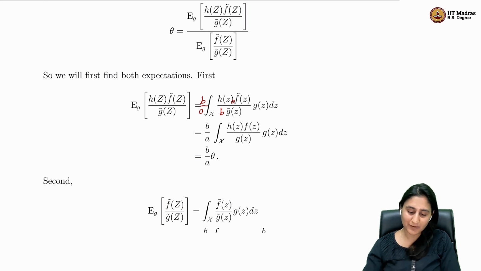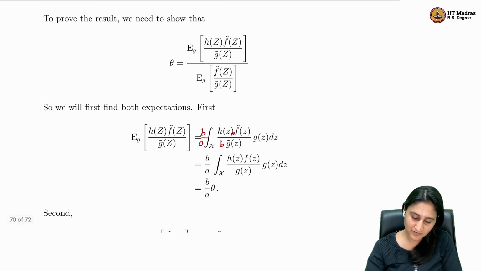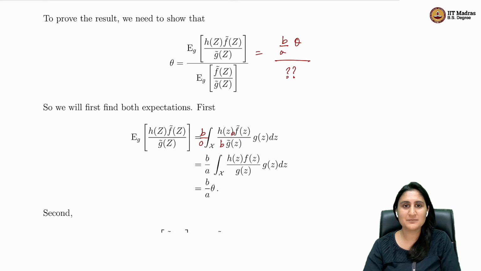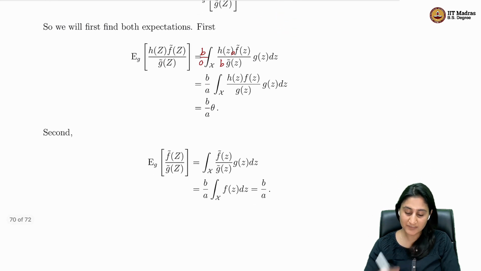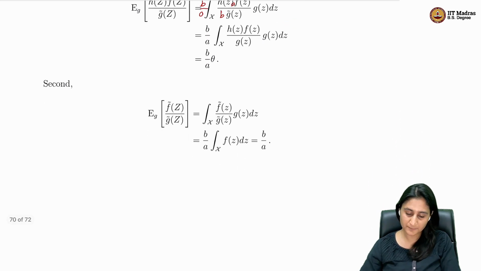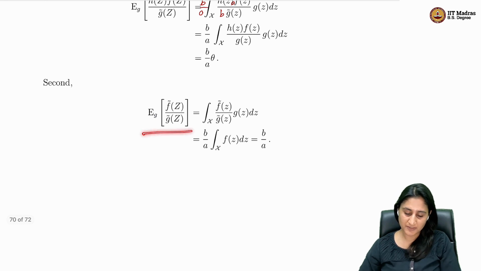All right. So my numerator over here has turned out to be b by a times theta, which means what I want is for this denominator to actually be b by a. Because if this denominator becomes b by a, then b by a gets cancelled, and I just get theta. So let's look at this. Hopefully it'll turn out right. So I have this expression over here. This is this integral. I again multiply and divide by b by a, and I get this.